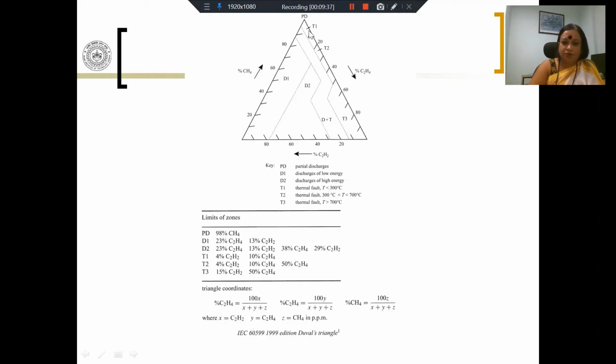PD, of course, corresponds to partial discharge. D1 corresponds to discharges of low energy. D2 corresponds to discharges of high energy. T1 is a thermal fault with temperatures less than 300 degrees centigrade. T2 is a thermal fault between 300 and 700 degrees centigrade, and T3 is a thermal fault greater than 700 degrees centigrade. So depending upon what you're looking at, the kind of oil, the kind of faults you're trying to identify, any of these methods can be applicable.